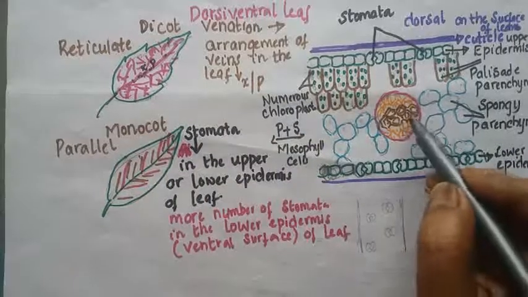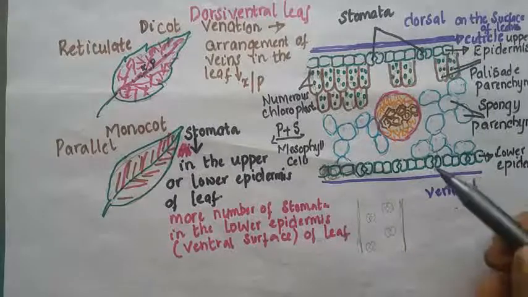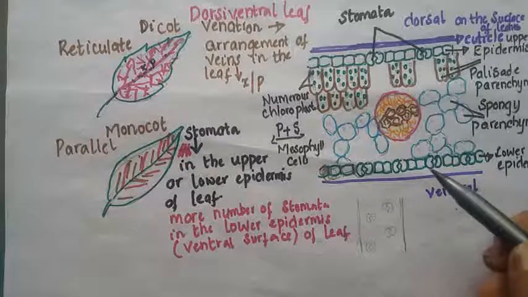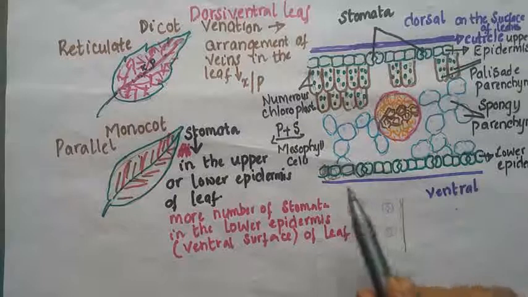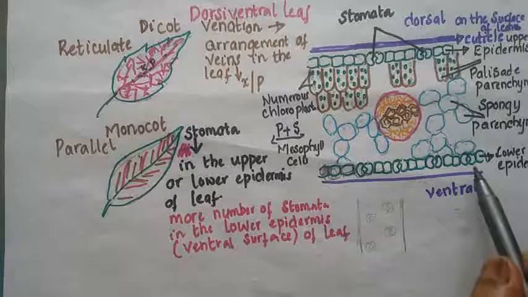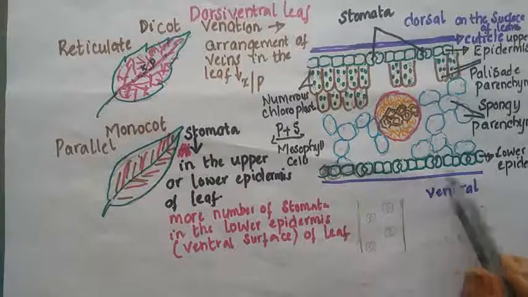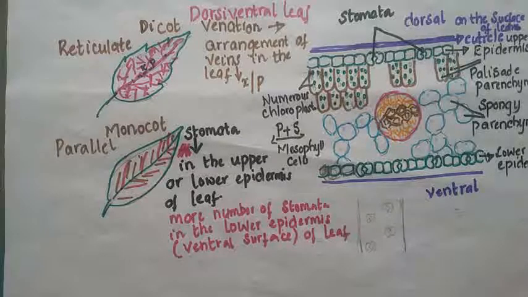In the center we find the xylem tissue which conducts water. Fine. So this is the lower epidermis, containing again epidermal cells, and in between them we find the stomata. Right? So this is the section of the leaf.